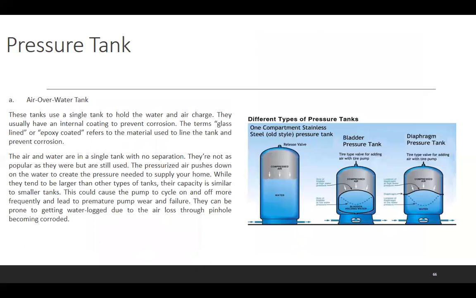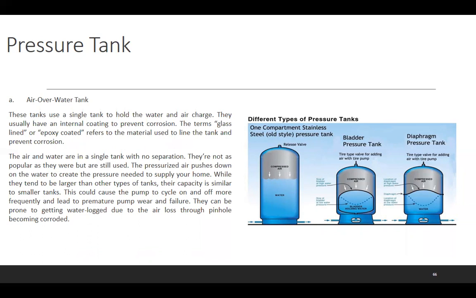Air over water tank. This tank use a single tank to hold the water and air charge. They usually have an internal coating to prevent corrosion. The term glass line or epoxy coated refers to the material used to line the tank and prevent corrosion. The air and water are in single tank with no separation. They're not as popular as they were, but are still used.